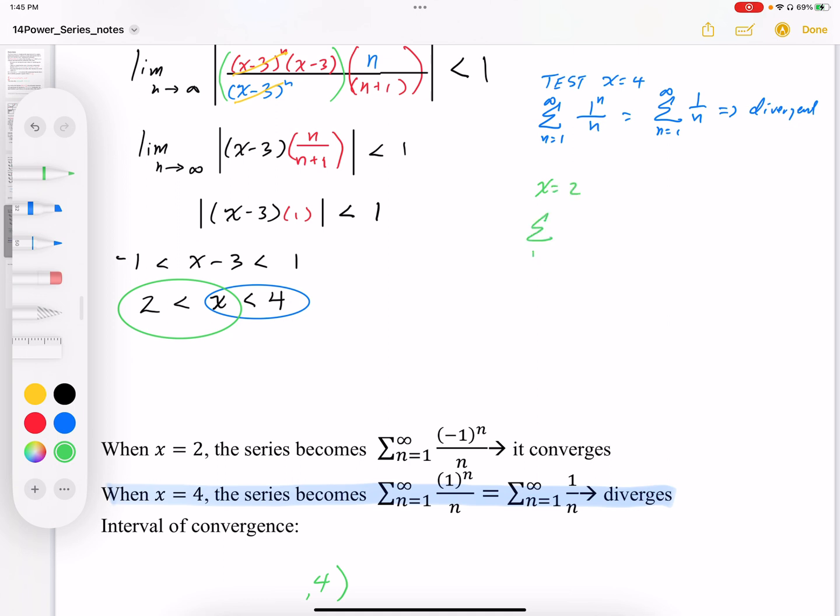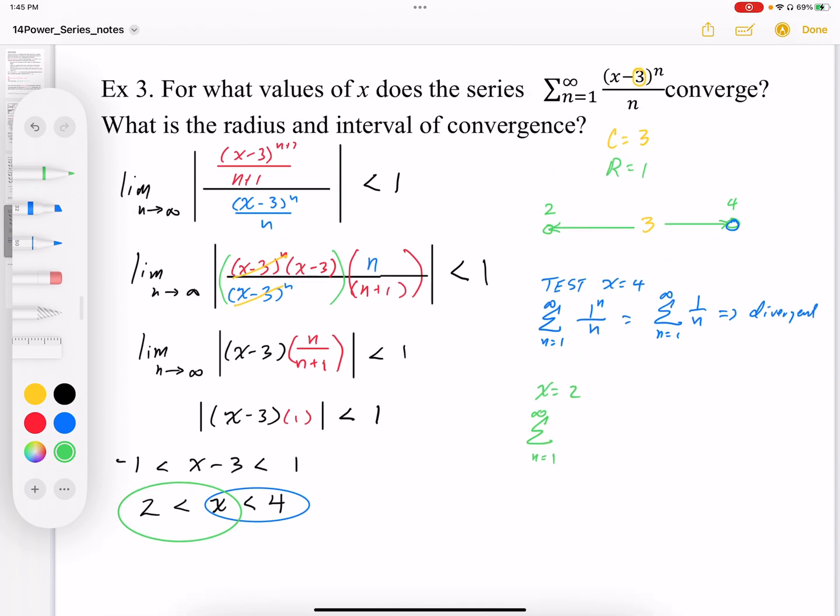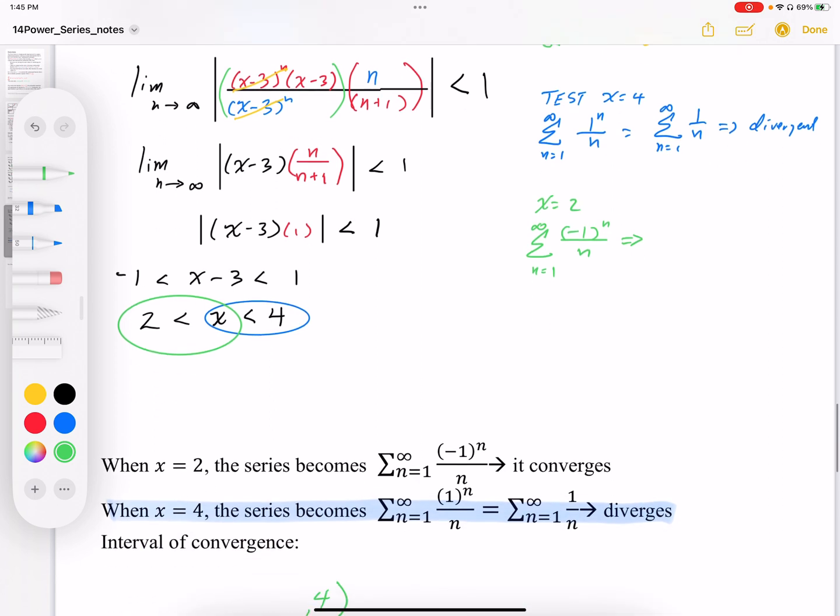When we substitute x equals 2 into that original series, we have 2 minus 3 to the power n, so that becomes negative 1 to the power n over n, and this is an alternating harmonic series. That's what we have down here when x is equal to 2.